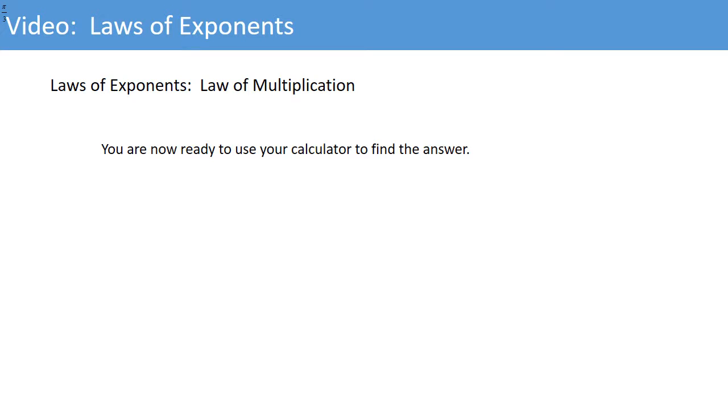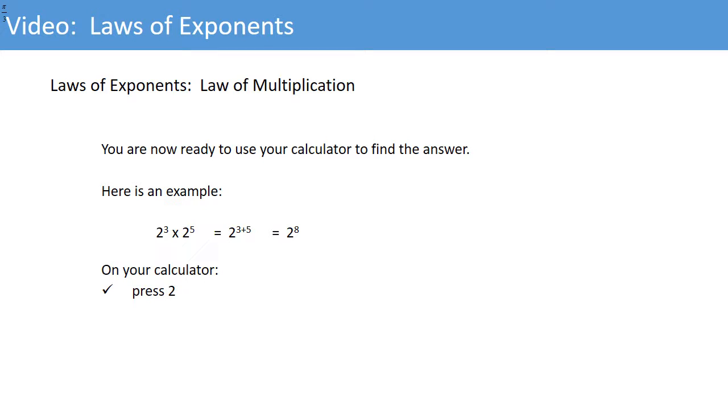Now you are ready to use your calculator to find the answer. Here is an example. 2 to the exponent 3 times 2 to the exponent 5 is equal to 2 to the exponent 3 plus 5, which is equal to 2 to the exponent 8.